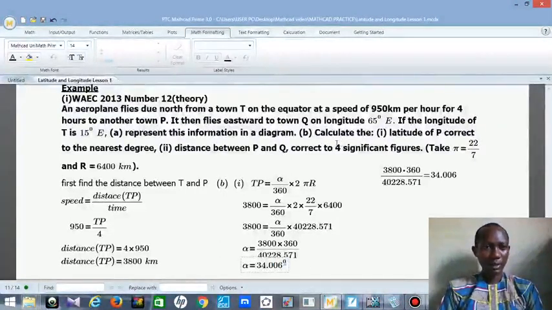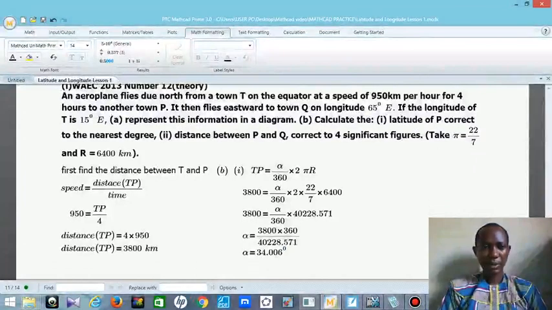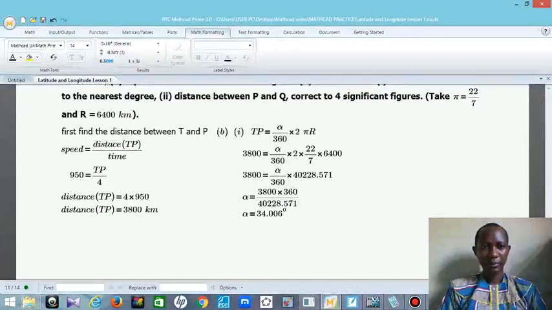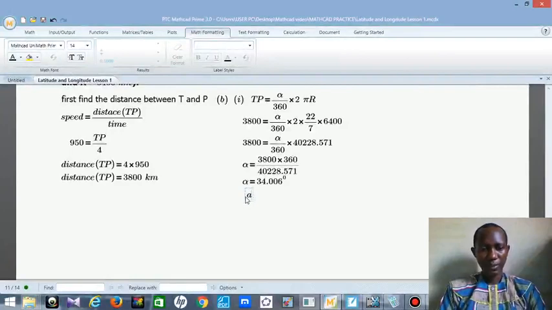The question says correct to the nearest degree, so we take it to a whole number. To the nearest degree, our answer is alpha equals 34 degrees.